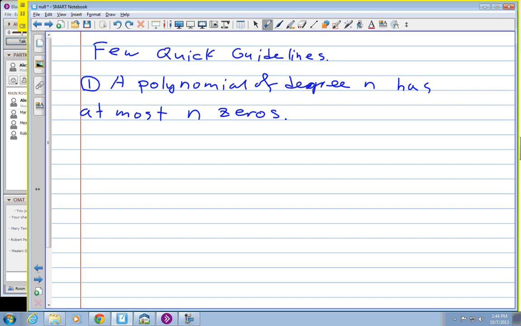So a 7th degree polynomial can potentially have 7 different zeros. Okay? It could have 2, it could have 5, but at most 7. It cannot have more than 7. Okay?